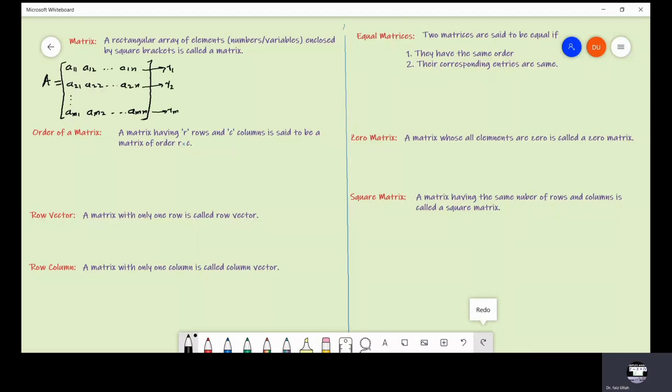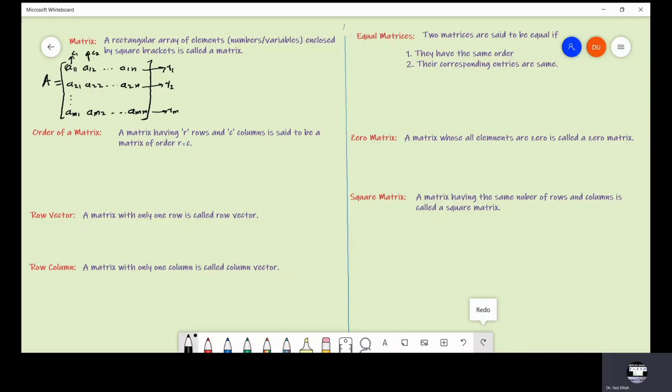The vertical arrangement is called its columns. So for example, this one is column 1. We can say this is C1, all elements on this column. This is called column 2, C2, and so on.